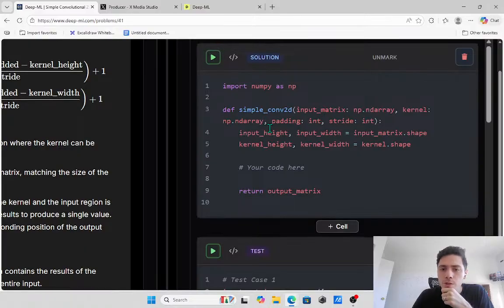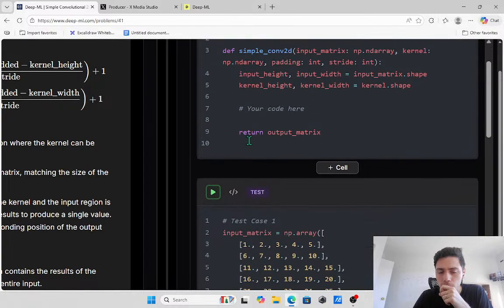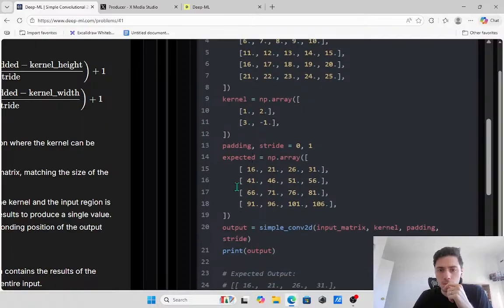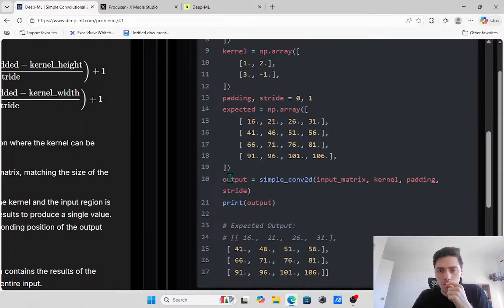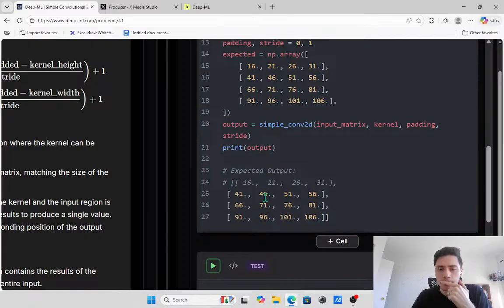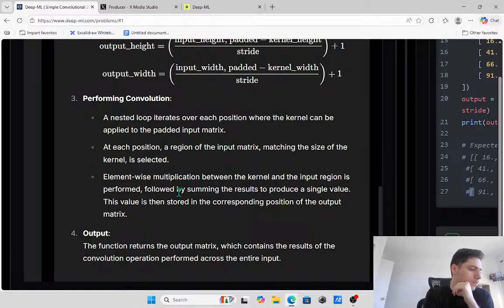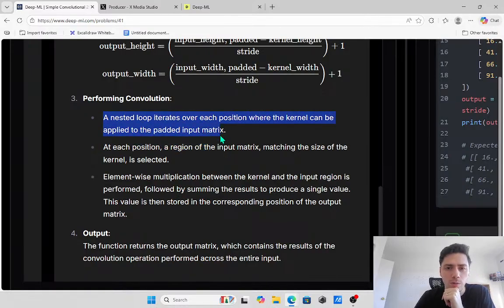So we get an input matrix, a kernel, padding, and stride. Okay. Let's see. I guess let's read this quickly.